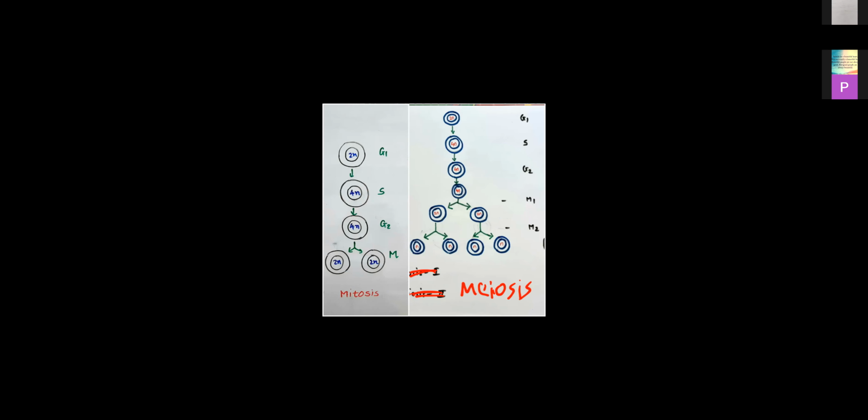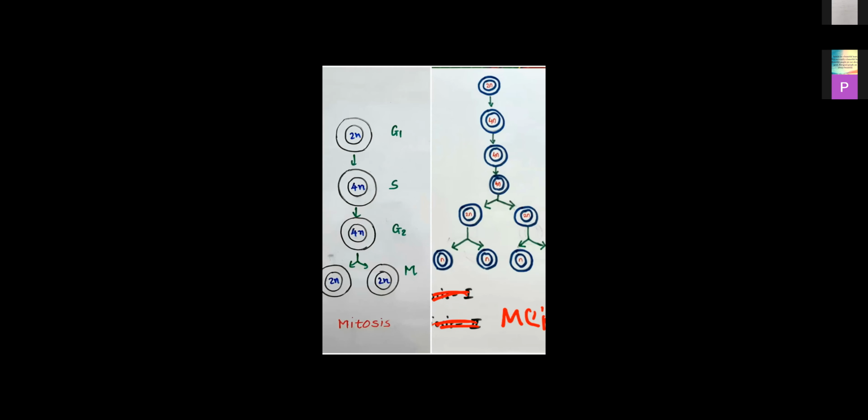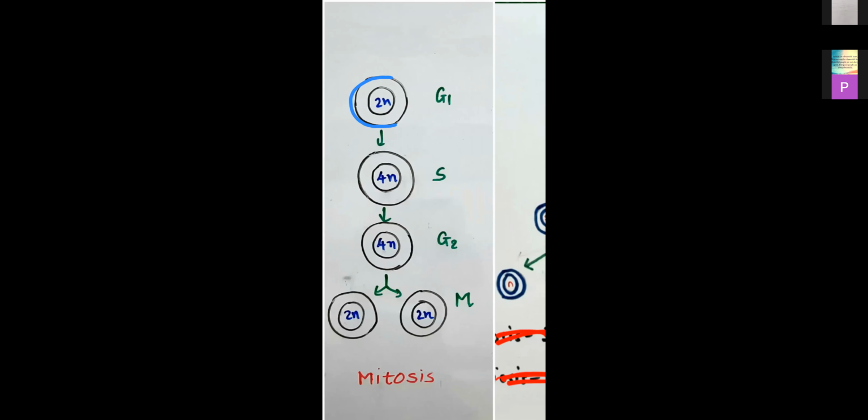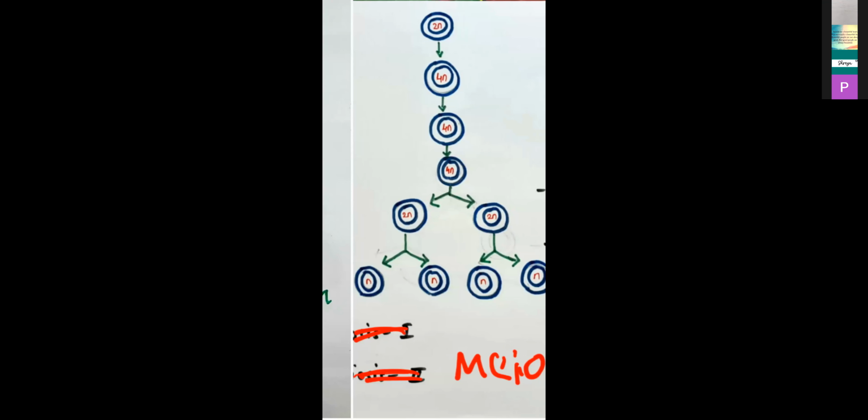Then if you see carefully the chromosome number, mother cell and daughter cell chromosome number is same or different in mitosis? Same. Look at this.